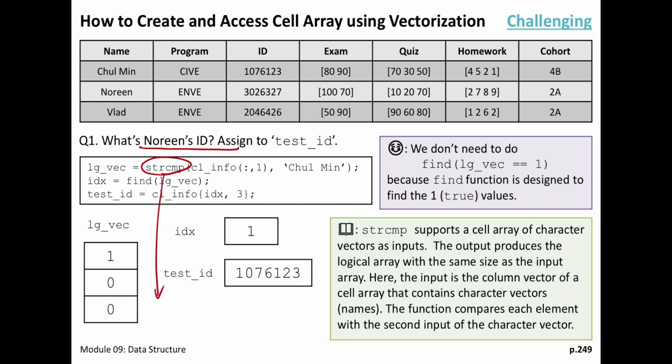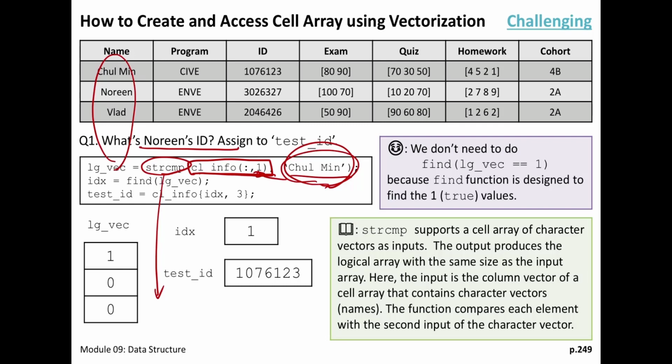That's why in this case, what is this one? Class info, the first column, you're referring the cell data in the first column. In this case, each cell contains the character vector, right? So basically, this one is to find out where is the second character vector in your first input variable, the input cell data.